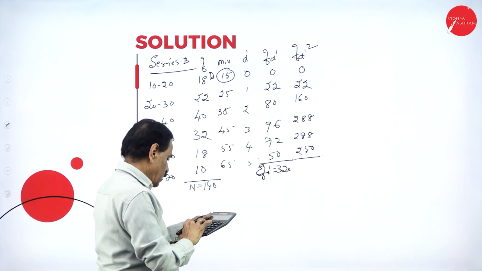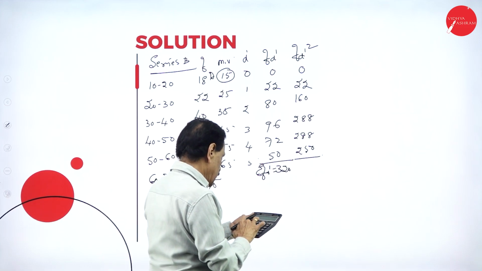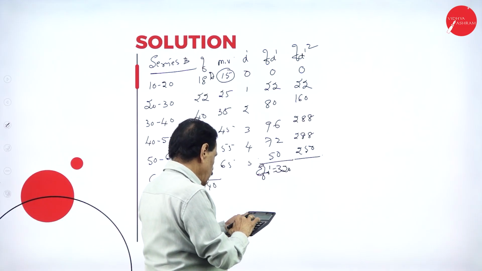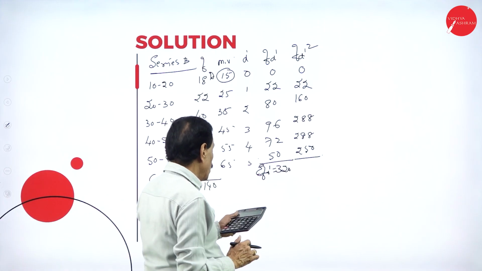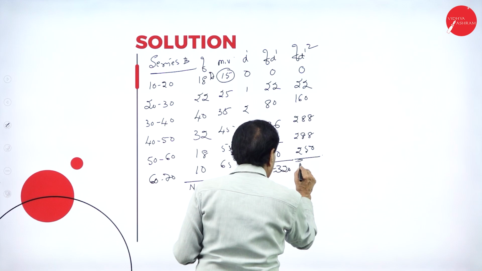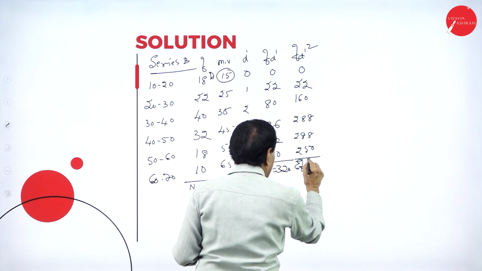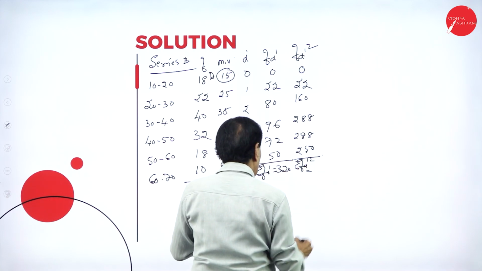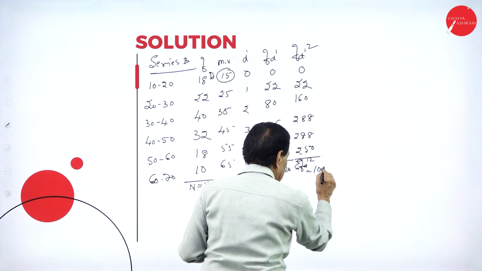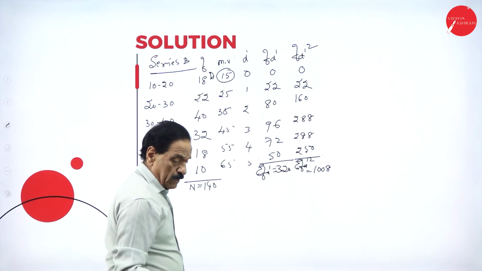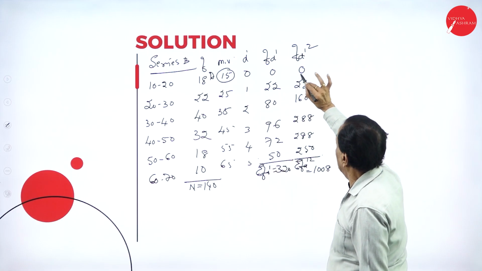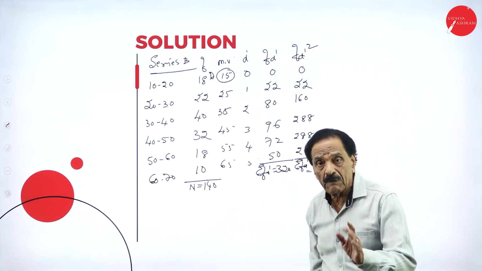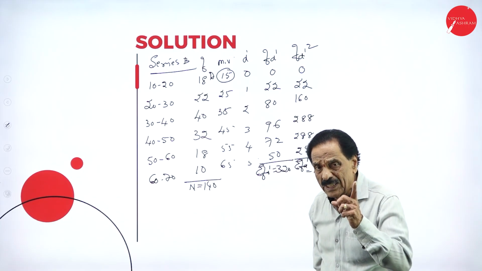Add 22 plus 160 plus 288 plus 288 plus 250, which is 1008. Sigma ft dash square is equal to 1008. So, we have here mid value, d dash, ft dash, ft dash square. What do we require? One mean, one standard deviation.